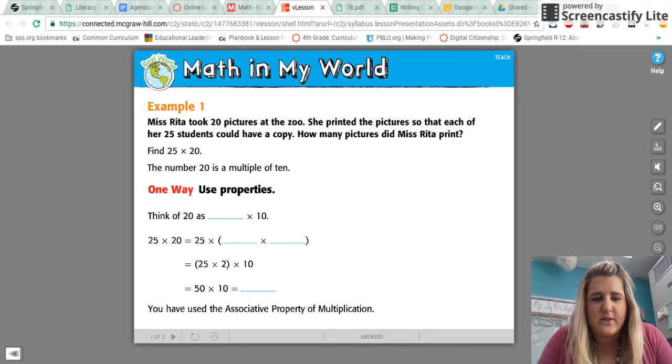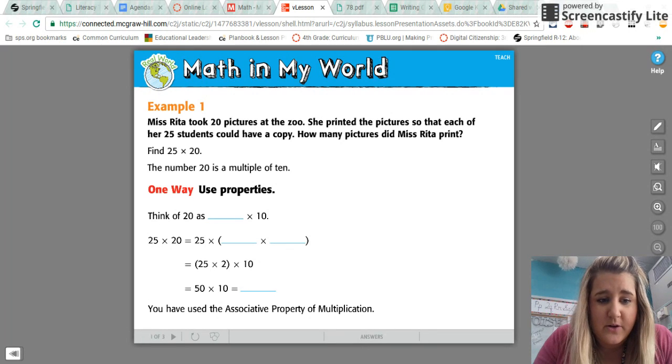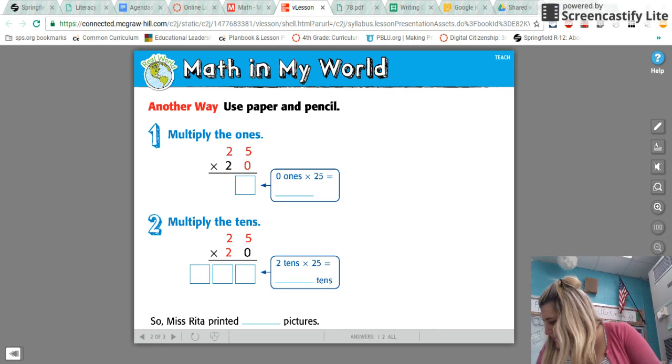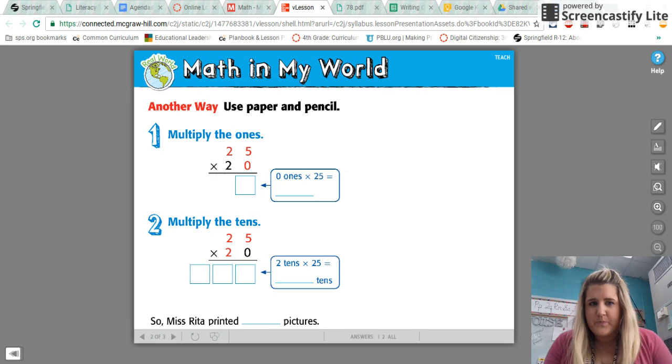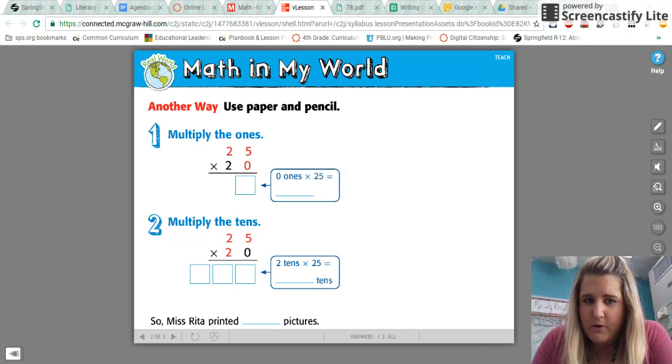Now there's another way to do that. Yes, that was the associative property I told you about earlier. Another way is what they're calling use paper and pencil. This one's a little bit different and is going to be new to you. You multiply the ones first. They have that in red. The ones, that's 0 ones times 25.